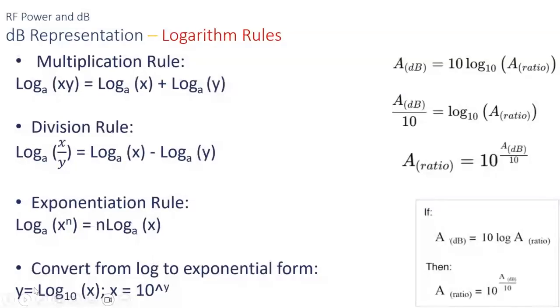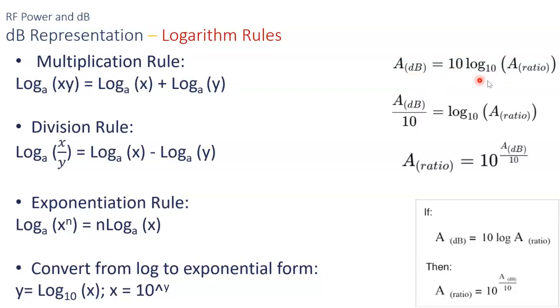Also, when we need to convert from log to exponential, y equals log of x means x equals 10 to the power y. When I say y equals log of x, automatically this means x equals 10 power y. So this is the derivation of the rule that we have mentioned before.